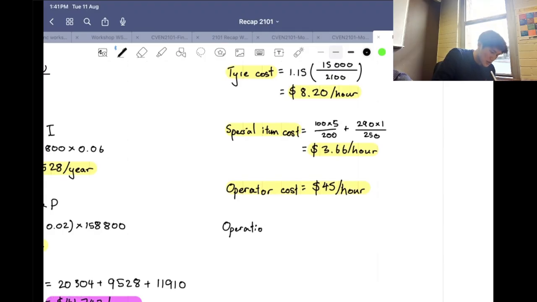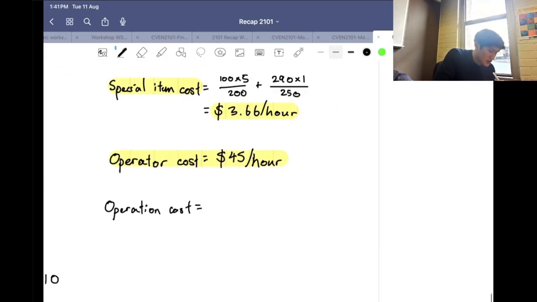Operation cost is equal to $28.88 for your fuel cost, plus $6.93 for your service cost, plus $21.44 for your repair cost, plus $8.20 for your tire cost, and special item is 3.66 per hour, and your operator cost.